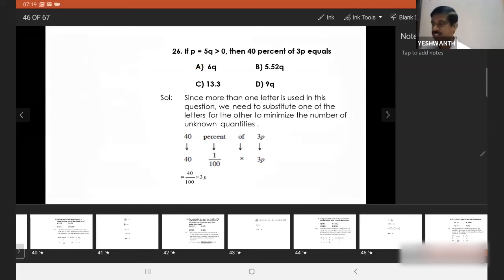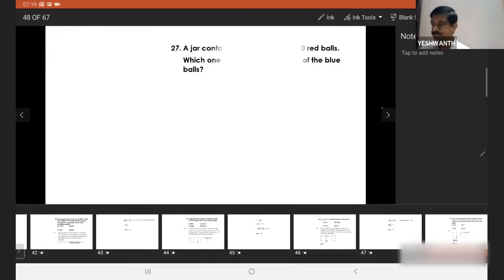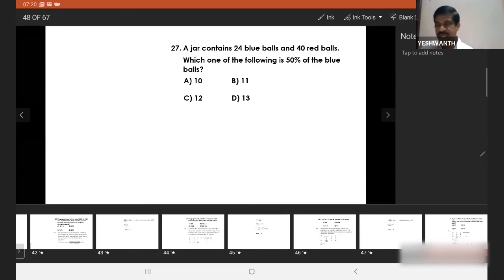Okay, let's go to the next question. A jar contains 24 blue balls and 40 red balls. Which one of the following is 50% of the blue balls? So look at this. Now 10, 11, 12, 13 are the answers that are given. Okay.